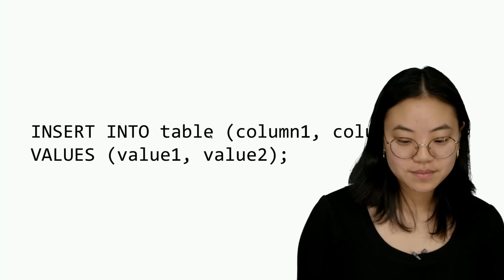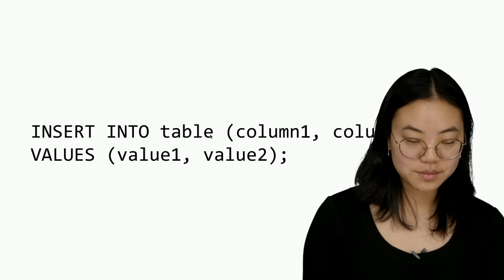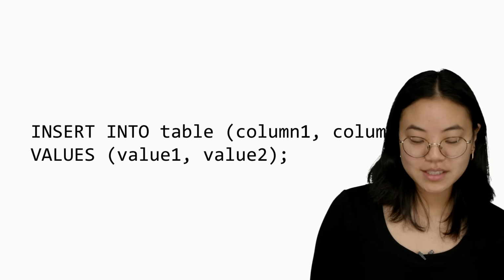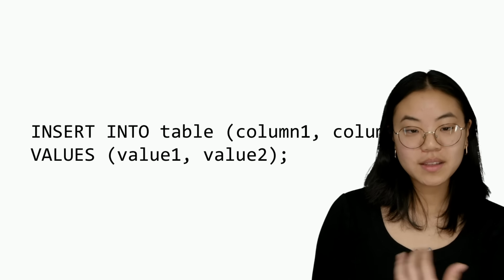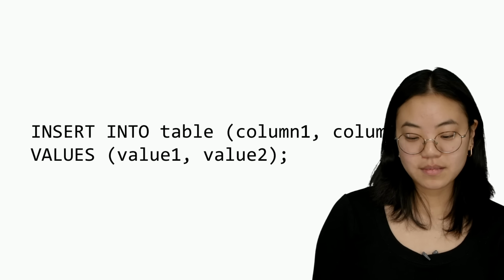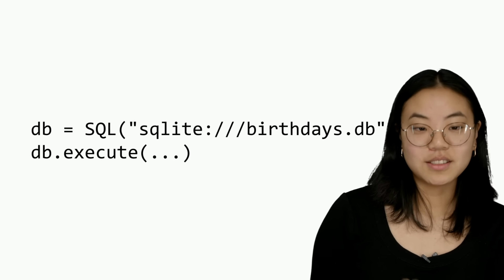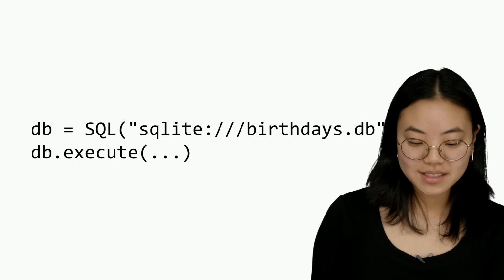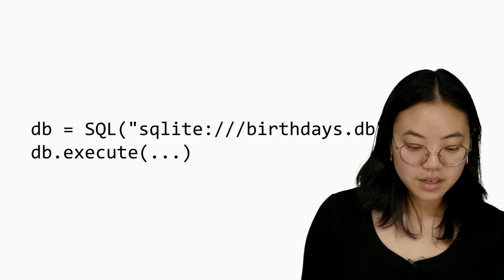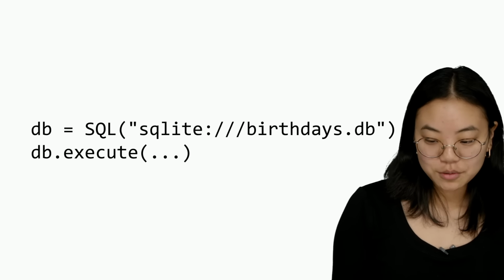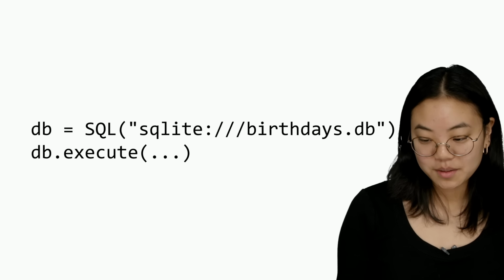So to insert it, our SQL notation is very similar to what we saw in SQL week. We have insert into the name of the table, and then the columns, and then the values. And so when we're writing it in Python, we're going to see something a bit like this, where we have db equals SQL and then the name of the SQLite database.